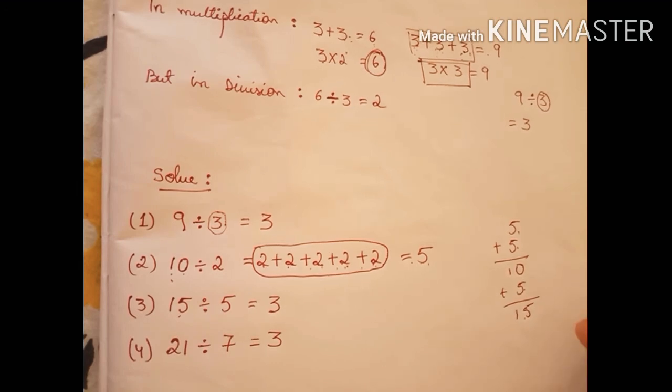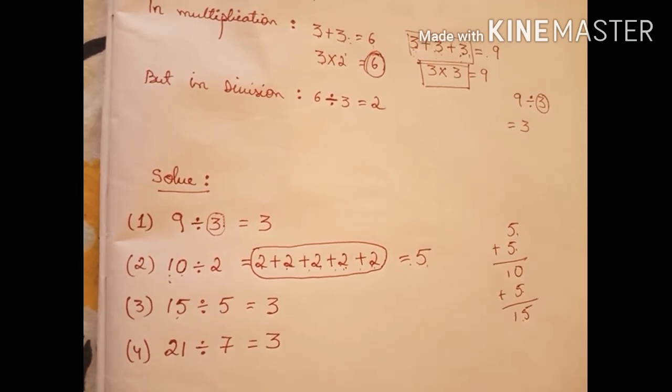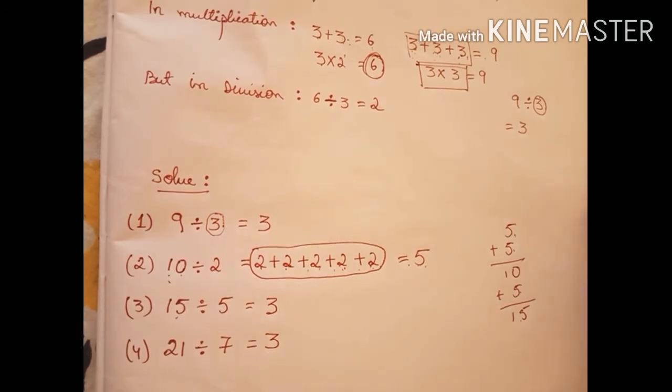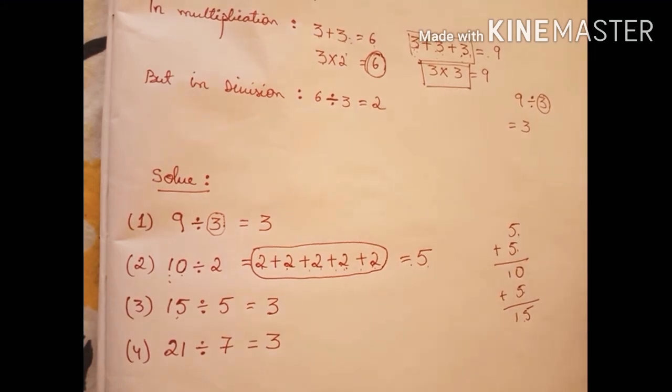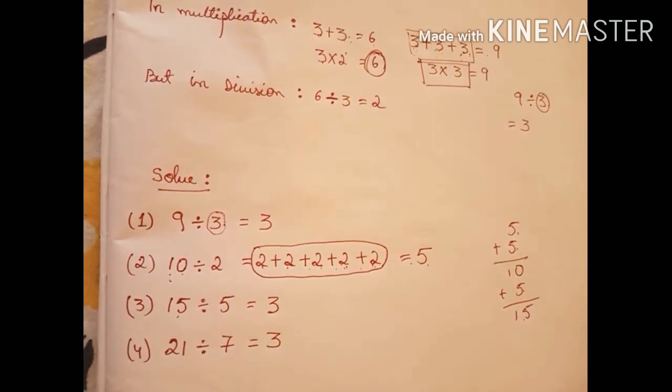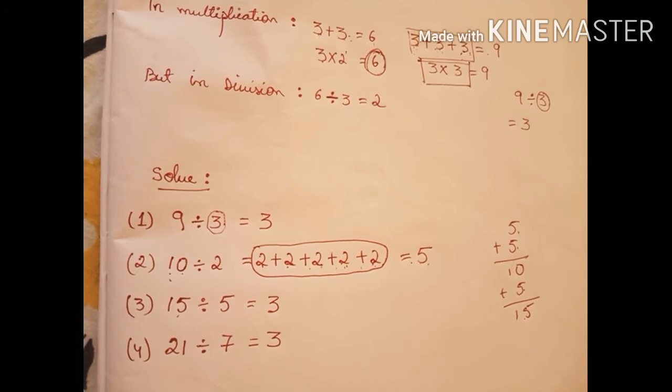Also, you can solve any question related to division. Okay, so if you memorize the multiplication table, you can solve any question of multiplication and division. So it will become easy for you to solve any question. That is why I'm telling you to memorize the multiplication table at least till 10.